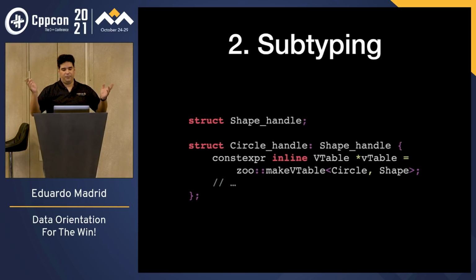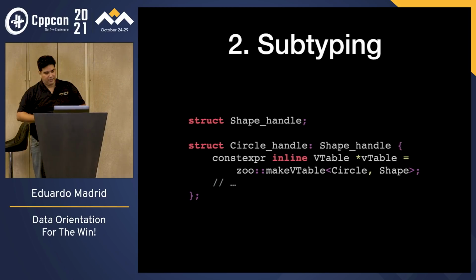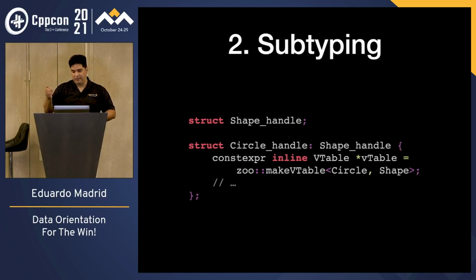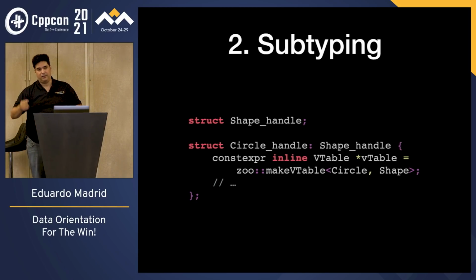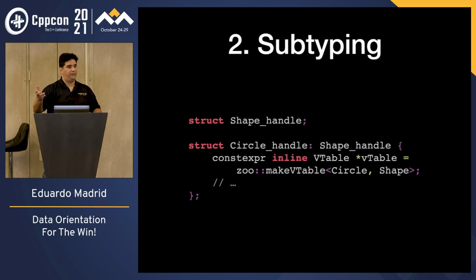We have a handle for shape, which is the handle for the base class. We just make it so that the handle for a subclass is a derived class of the superclass handle. And we are going to have to put there, in the interest of invoking a particular behavior as fast as possible, only one indirection, so we're going to put it through the mechanism of scattering. We could, but we're not going to.